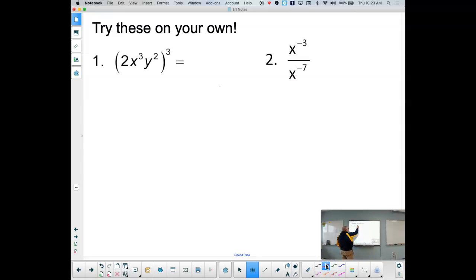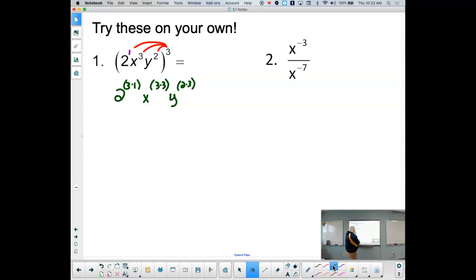So this exponent of 3 needs to go into there, and this 2 has an exponent of 1 on it, so it also needs to go into there. So we really have here 2 to the 3rd power, or 3 times 1 power, x to the 3 times 3 power, and y to the 2 times 3 power.